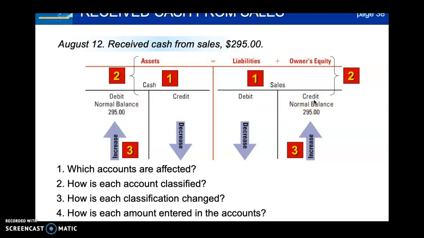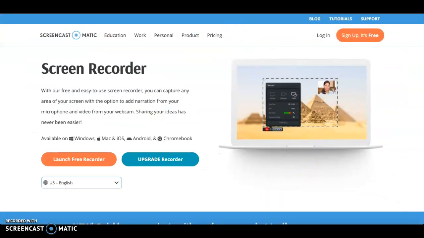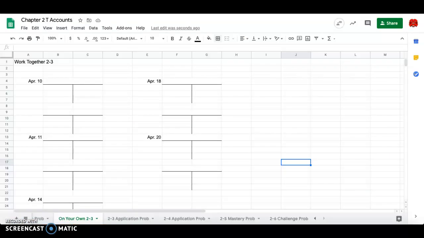And the other rule is there are always only two accounts for each transaction, only two accounts right now. All right, so let's walk through some of these and see what this looks like with the T accounts.